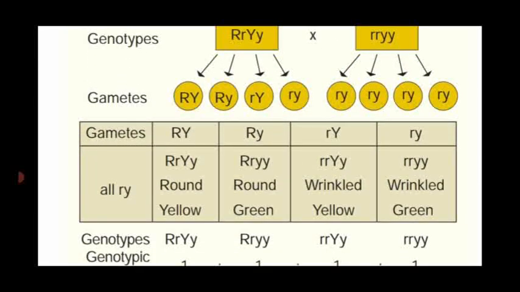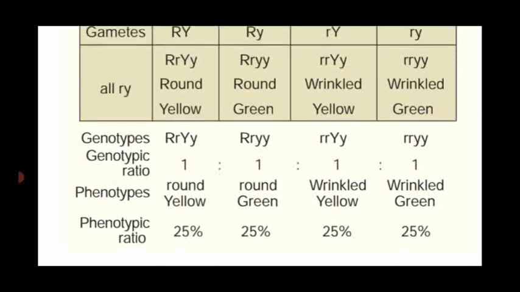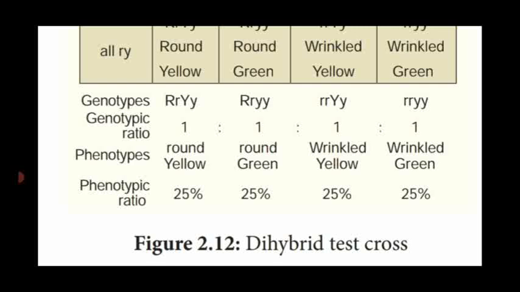Both of them are crossed together. We get equally proportional hybrids appearing in the F2 generation: round yellow, round green, wrinkled yellow and wrinkled green in the ratio 1:1:1:1. That cross is called dihybrid test cross.